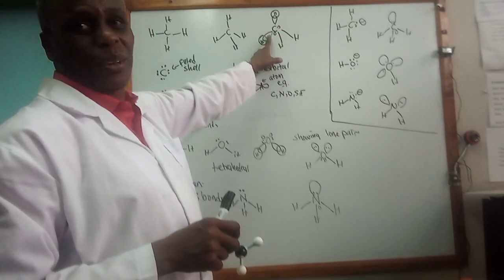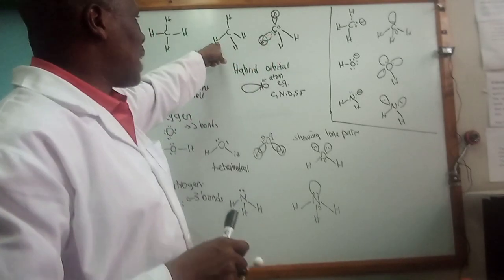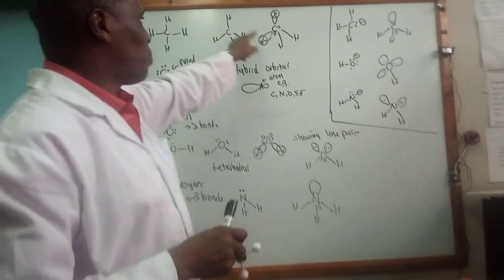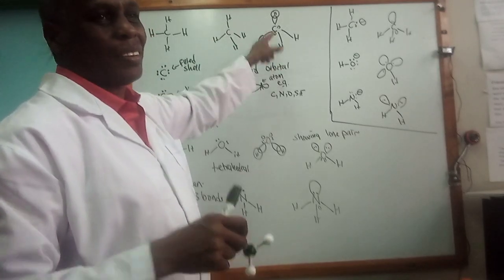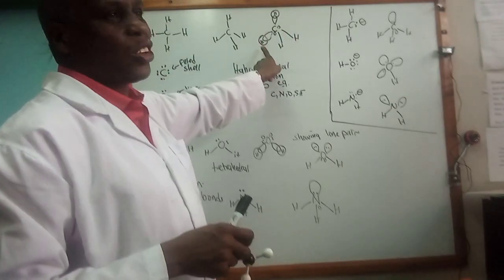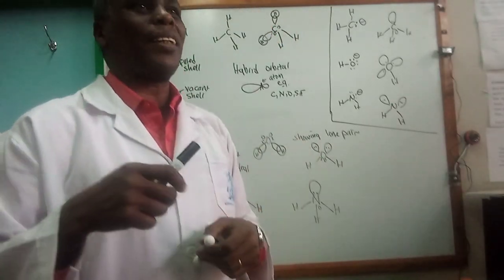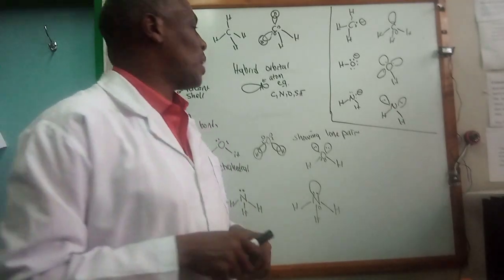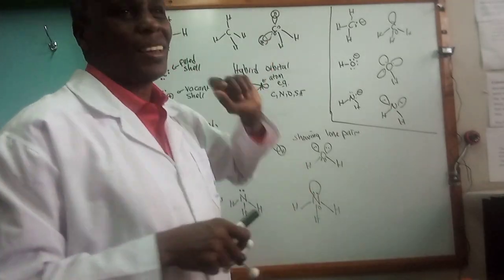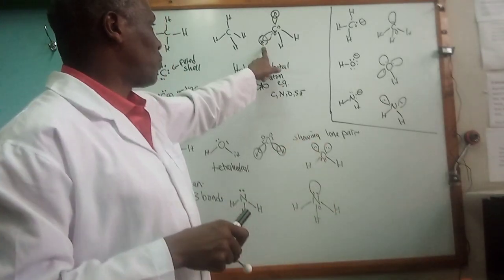This is the sp3 hybridized orbital of carbon. For hydrogen, the orbital which is bonding is a 1s, so it's shown as a sphere here.